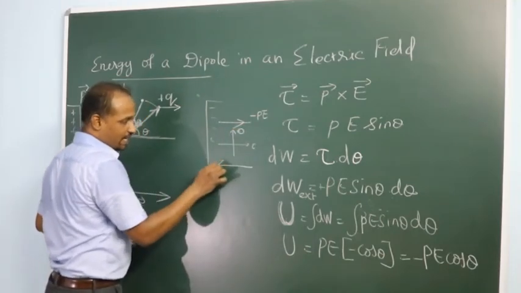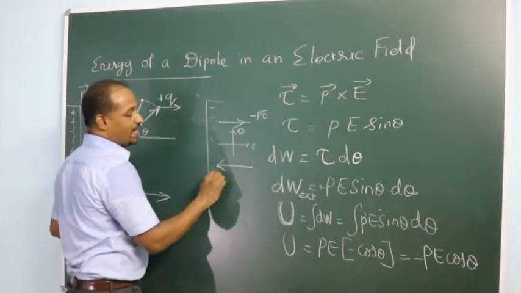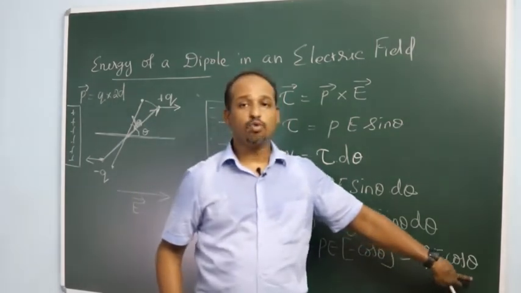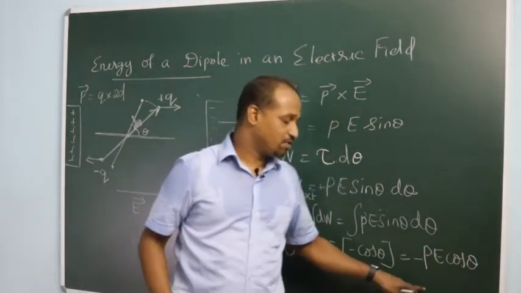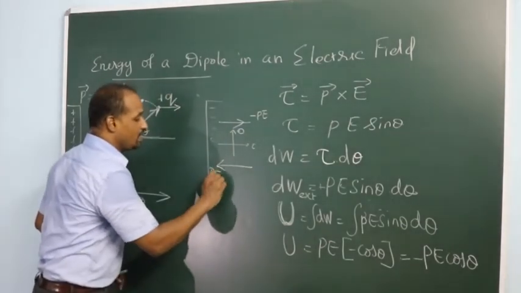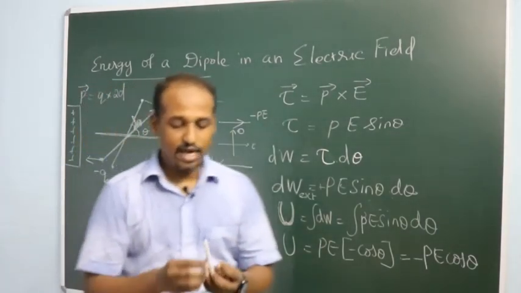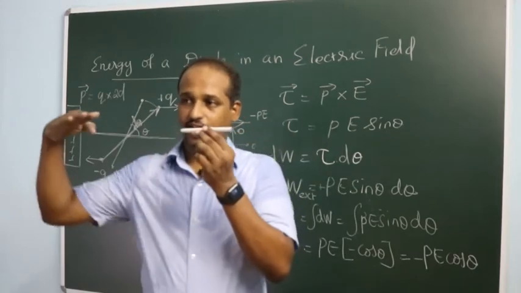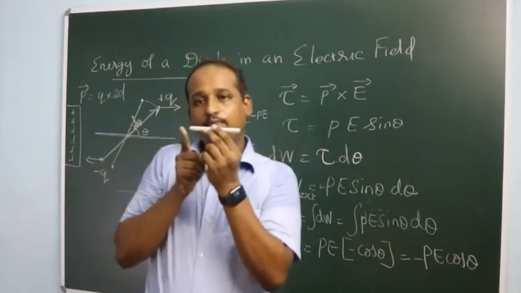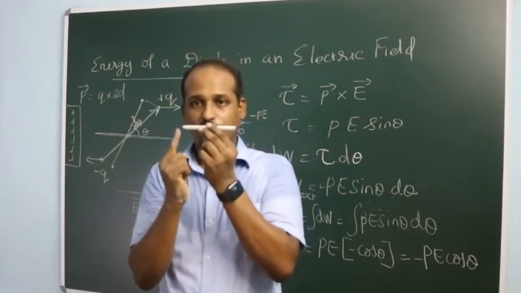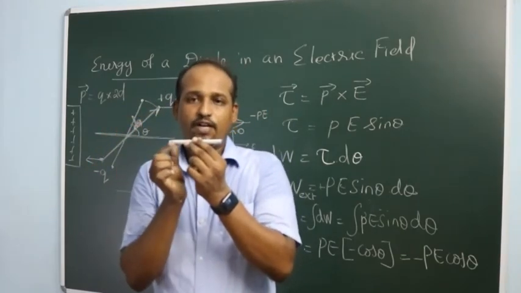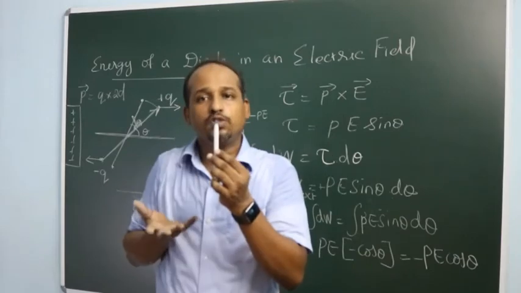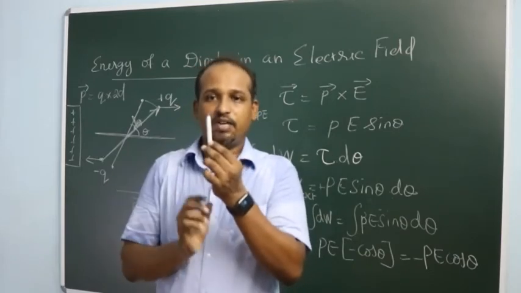When the dipole is aligned opposite to the electric field, the energy is minus PE cos 180 degrees. Cos 180 degrees is minus 1, and minus of minus 1 becomes plus 1, so the energy is plus PE. When it moves from the opposite orientation to the perpendicular one, it loses PE so that its energy becomes 0.